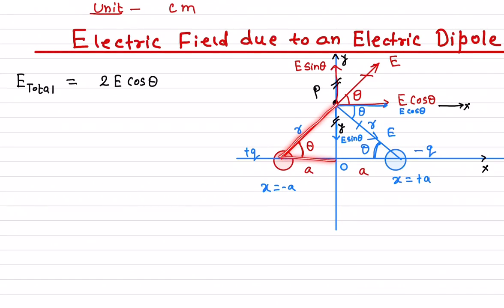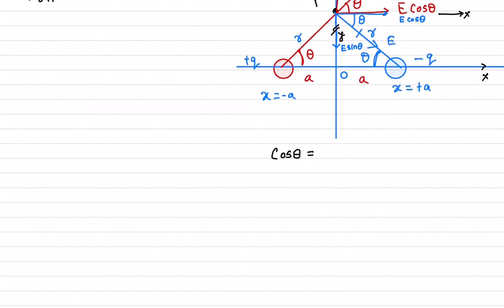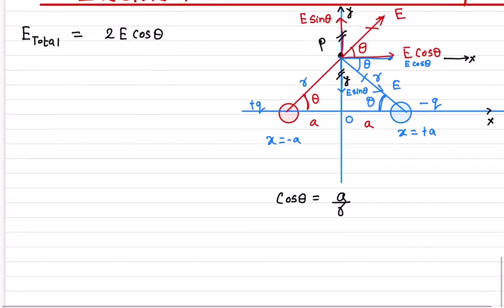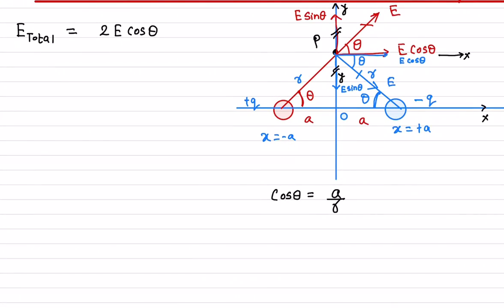So if we look into this triangle, what is cosine theta? Let's find out cosine theta first. If you look here, cosine theta is simply equal to a over r. Cosine theta is base divided by the hypotenuse, so a over r.